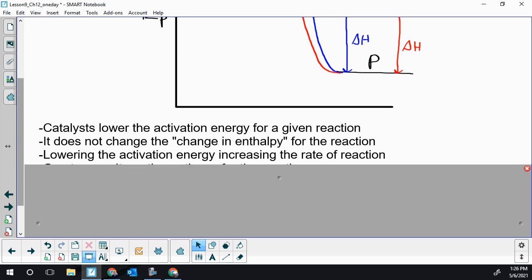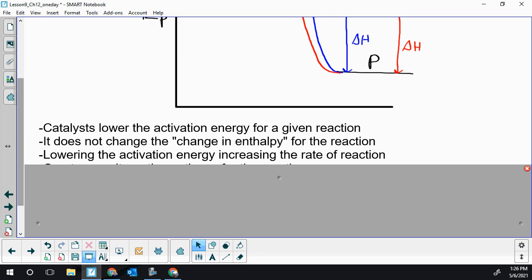What a catalyst does is lower the activation energy, and that increases the rate of reaction. If you have a smaller barrier, way more molecules are going to get over that barrier. Now we don't study rates of reaction, but that's the big change of a catalyst.